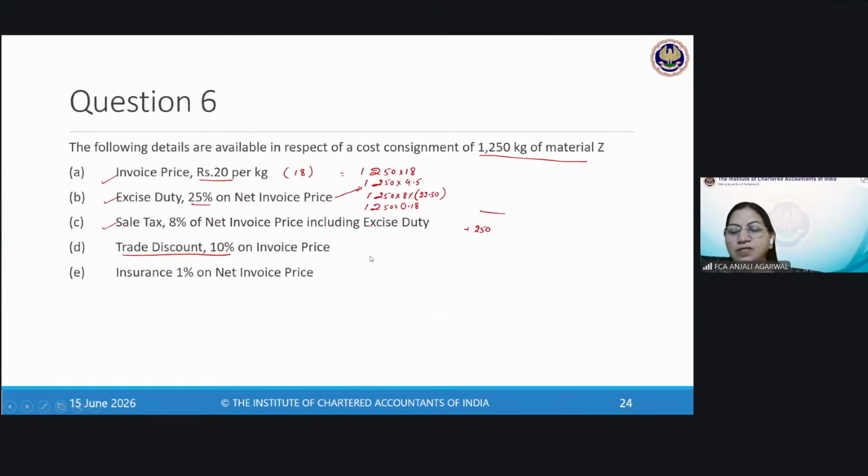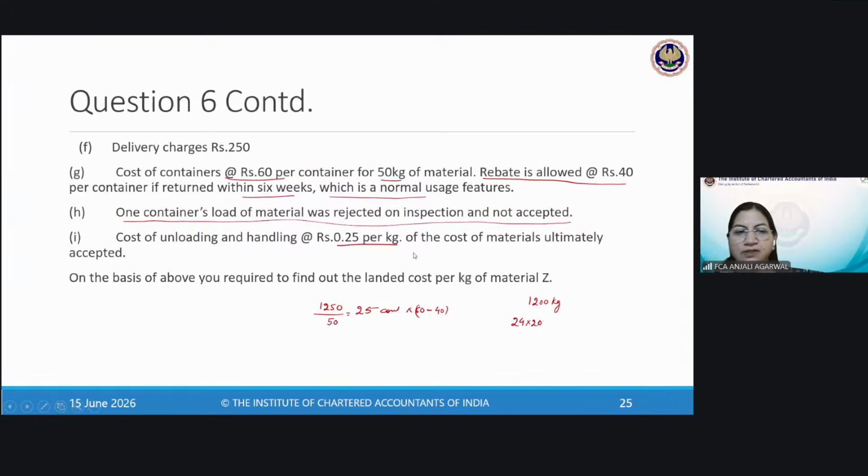So we will add to this the containers cost, which is 24 into 20. And plus we will add to this the loading and unloading at 1200 into 0.25. This will not be calculated at 1250. It will be calculated at 1200 only.